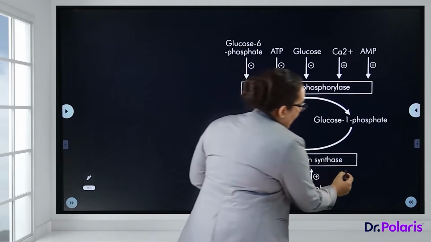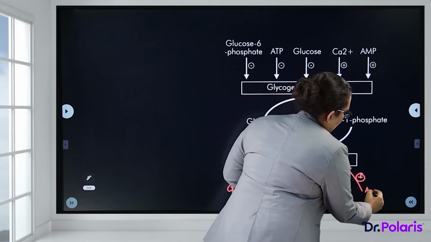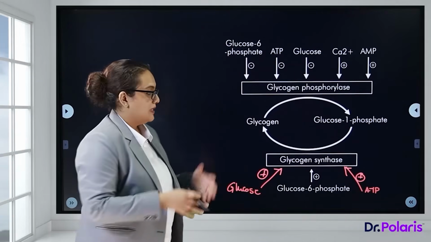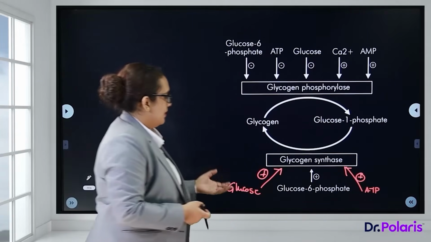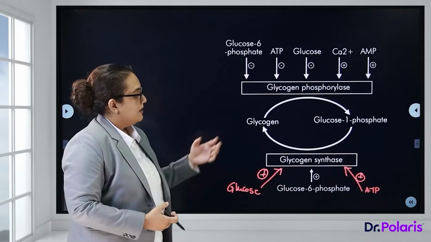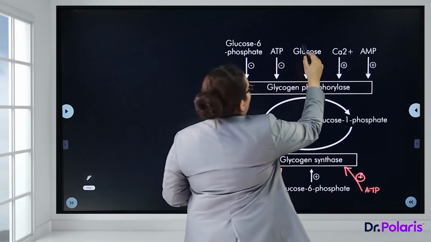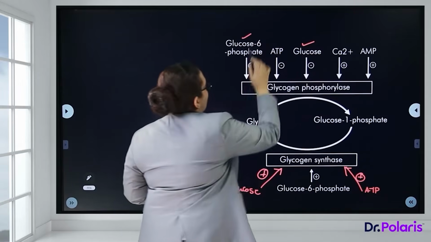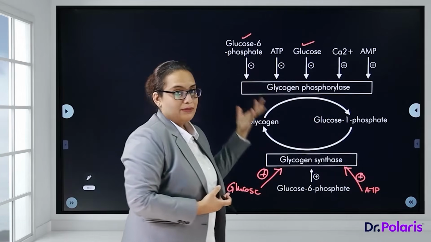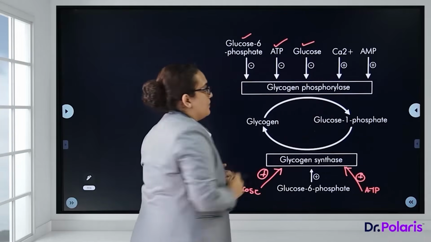And the presence of high energy compounds in the form of ATP will also trigger the glycogen synthase to act so that glycogenesis occurs. So these are the key factors that promote glycogen synthase activity. The reverse is true for glycogen phosphorylase. The substrates, glucose as well as glucose 6-phosphate, these two will inhibit glycogen phosphorylase if it is present, and high energy compounds will inhibit glycogen phosphorylase.